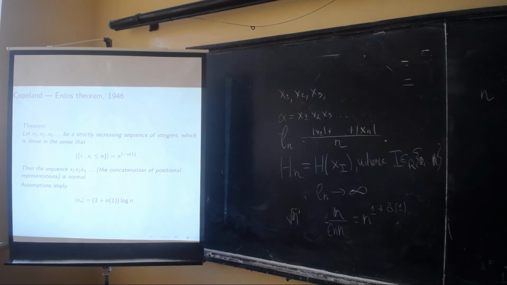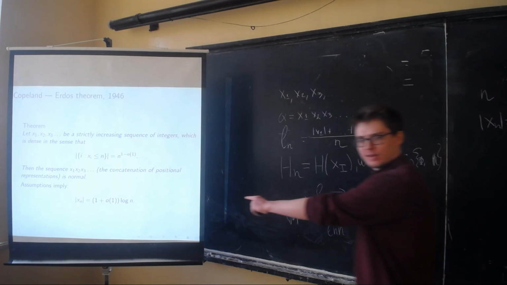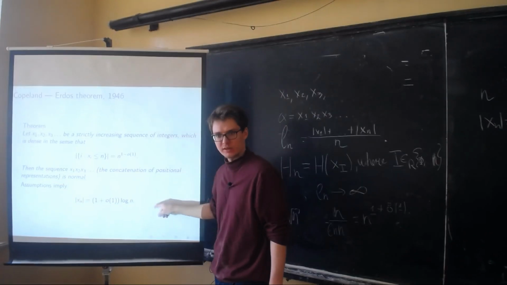Intuitively it's clear, because if the sequence is growing very fast, then it can't be dense. I want to prove that the length of the binary representation of x sub n is this thing. If we prove this, then we're done.